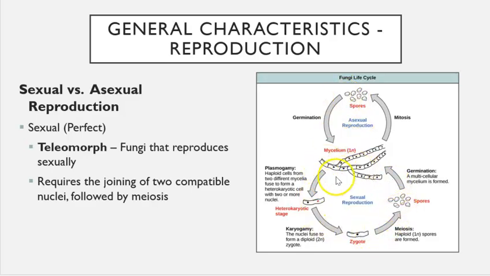We're looking at sexual reproduction. You have two cells from different mycelia joining together to form a diploid zygote, and then meiosis happens to form spores. So this is the process of sexual reproduction for fungi.